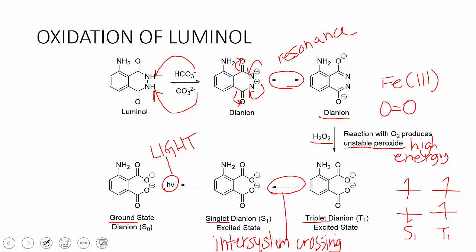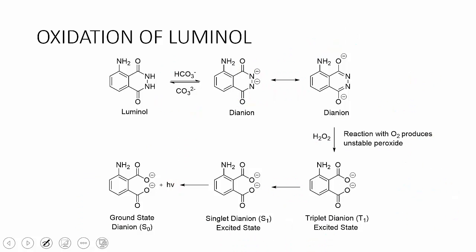The difference is the electron is now back in the ground state. So if you look at these energy level diagrams, both electrons are in the ground state, paired spin-wise. And as you should have remembered from my last video, because the electron was in the triplet state, the light emission is phosphorescence.